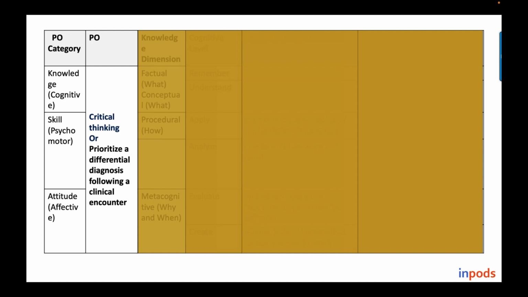So to explain this further, I have created these slides. I'm going to take an example of, let's say, critical thinking as one of the program outcomes, which is common across all the disciplines of higher education, and hence this is a very commonly desired program outcome, critical thinking. So it is now up to the program designer to think about or decide at what level I want to take this critical thinking program outcome.